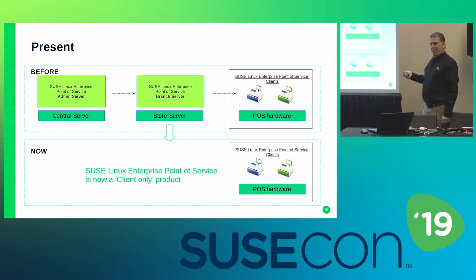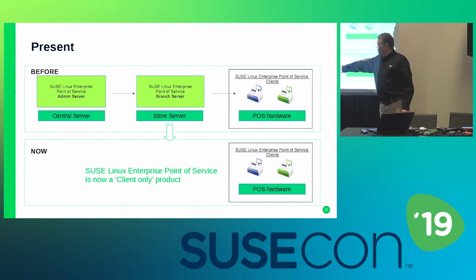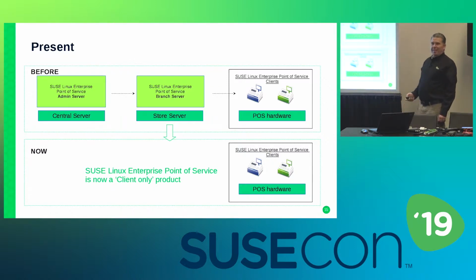That stays the same. But it's now referring to a client-only product. So it only relates to this point here. Okay? So it's a little bit confusing. We're still using both names, but in a retail environment, you'll get quotes for SUSE Manager for retail, and you will get point of service in your listings as well, right?